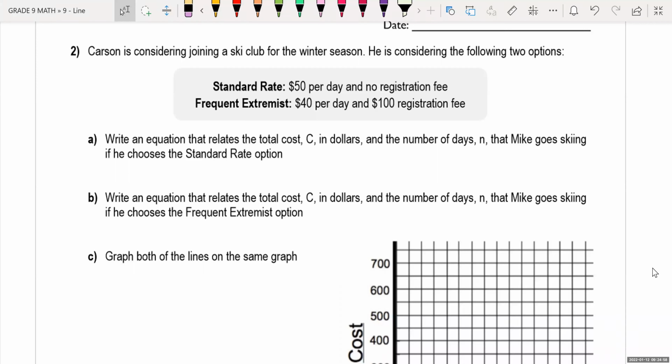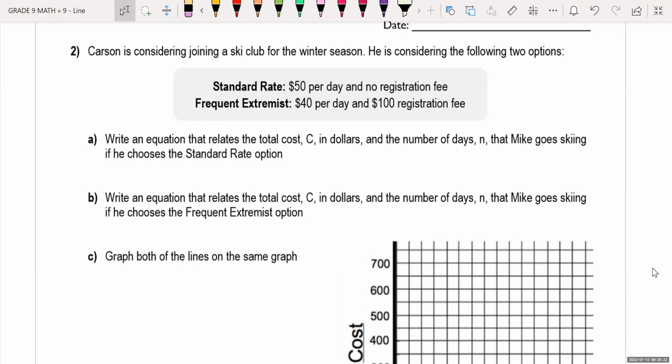Question number 2. Carson is considering joining a ski club for the winter season. Very relevant to our weather right now. He is considering the following 2 options. You have the standard rate, which is $50 per day and no registration fee. Or you have the frequent extremist rate, which is $40 per day and a $100 registration fee.